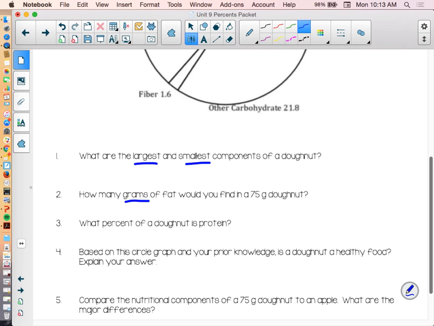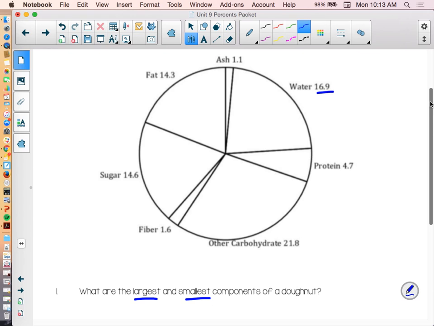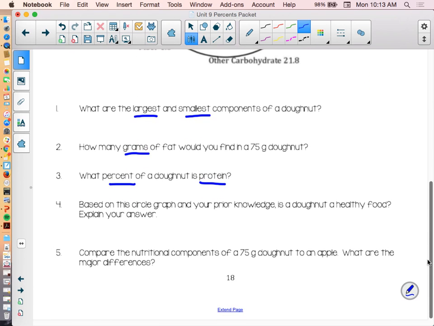But what percent of a donut is protein? That part you will have to calculate. So you're looking at 4.7 grams. All of these are in grams. And you have to figure out, is it going to be the part or the whole? And I would suggest the percent proportion. You don't know what the percent is, but that's what you're trying to figure out. You know this has to be 100.